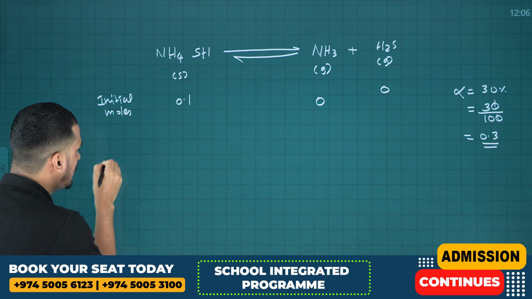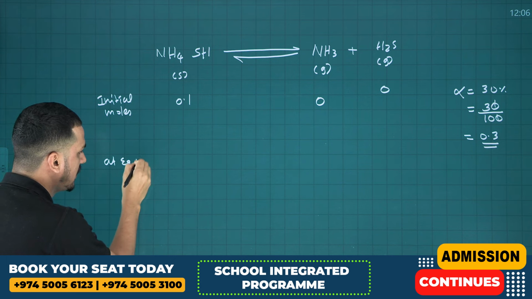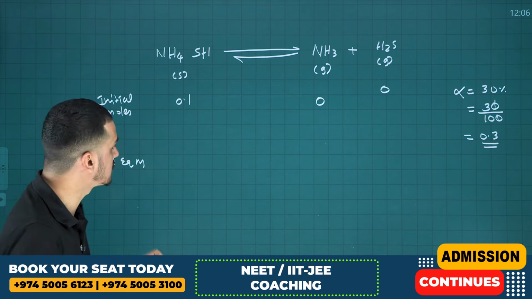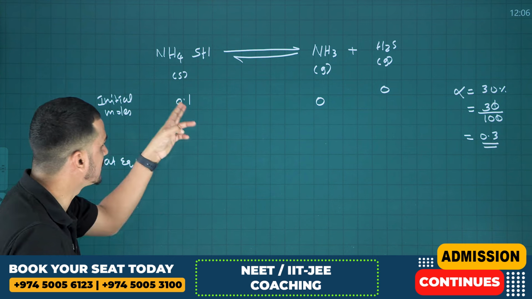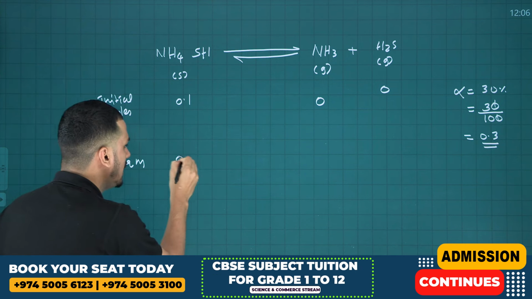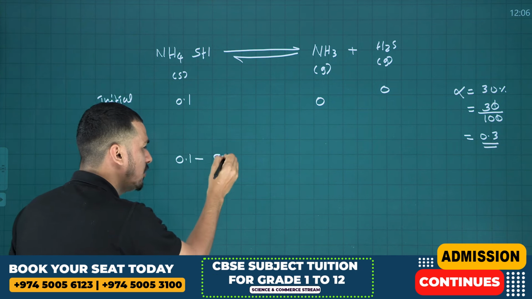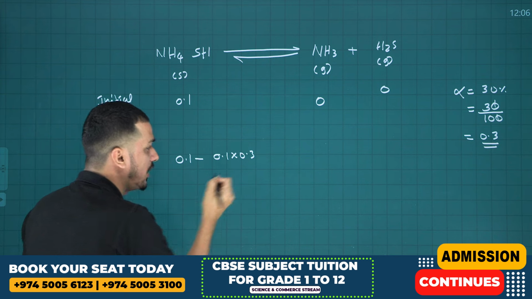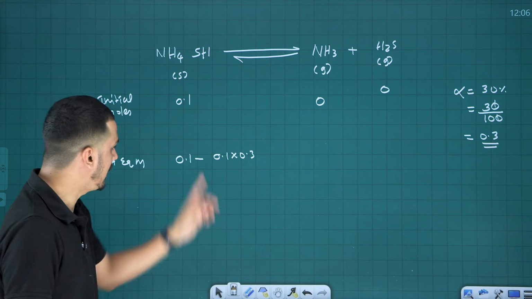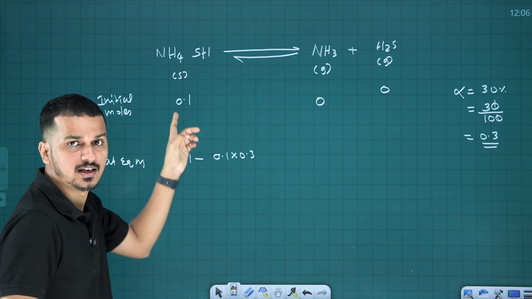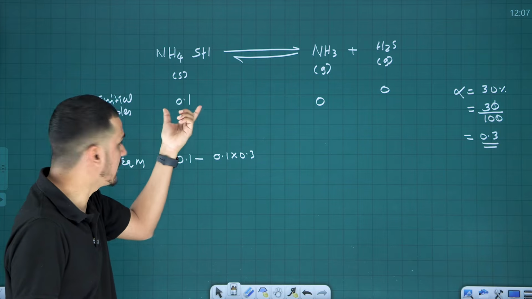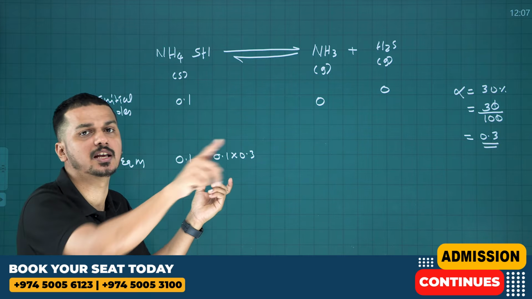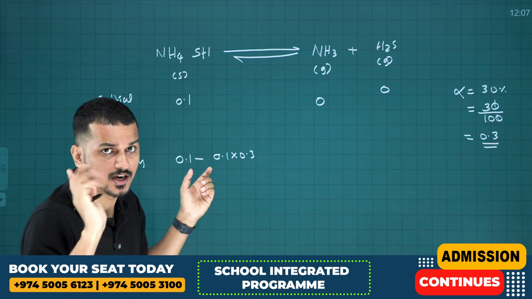So at equilibrium, how much is remaining here? 0.1 minus 0.1 into 0.3 remaining, because 0.1 into 0.3 reacted. You are taking 0.1, its 30% reacted, understood?